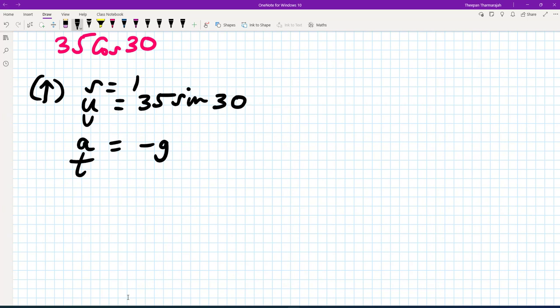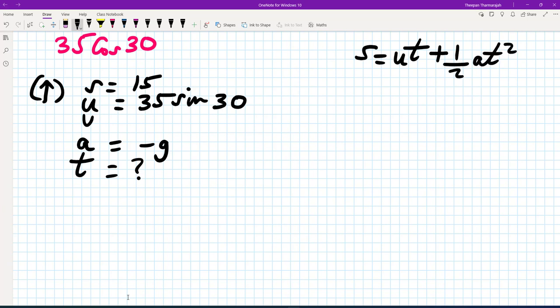So I'm going to say S is 15, and we need to know the time. The SUVAT equation we're going to use is S equals UT plus a half AT squared. So we can say 15 is equal to, well, half of 35 is 17.5, because sine 30 is a half. So we get 17.5.